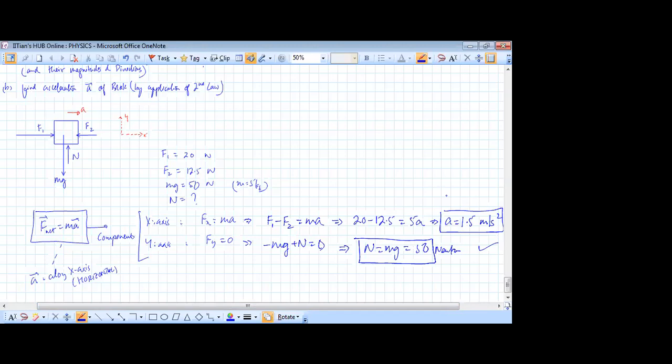So if you are giving this in vector notation, you could say that the acceleration in my system where I've taken this direction as the x-axis is 1.5 i cap in meters per second square. And similarly, the normal reaction as a vector is 50 j cap because it's acting vertically, in newtons.